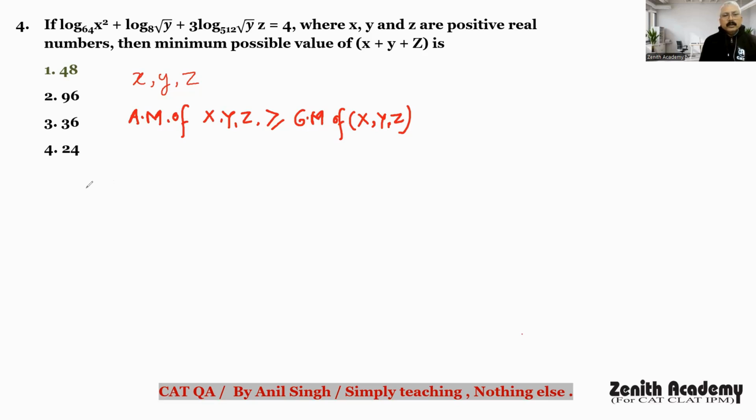So log of x square to base 2 to the power 6, and this is log of root y to the base 2 to the power 3. And here 3 into log of root y into z to the base 2 to the power 9 is equal to 4.